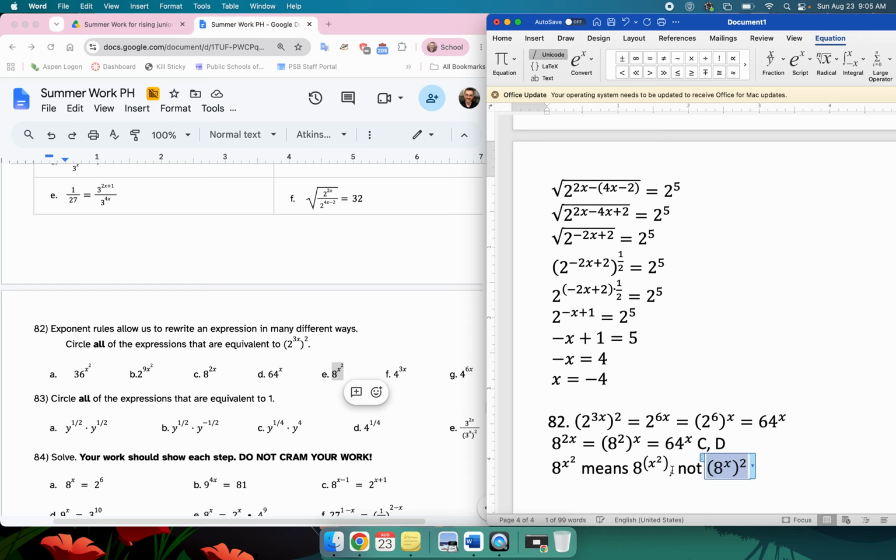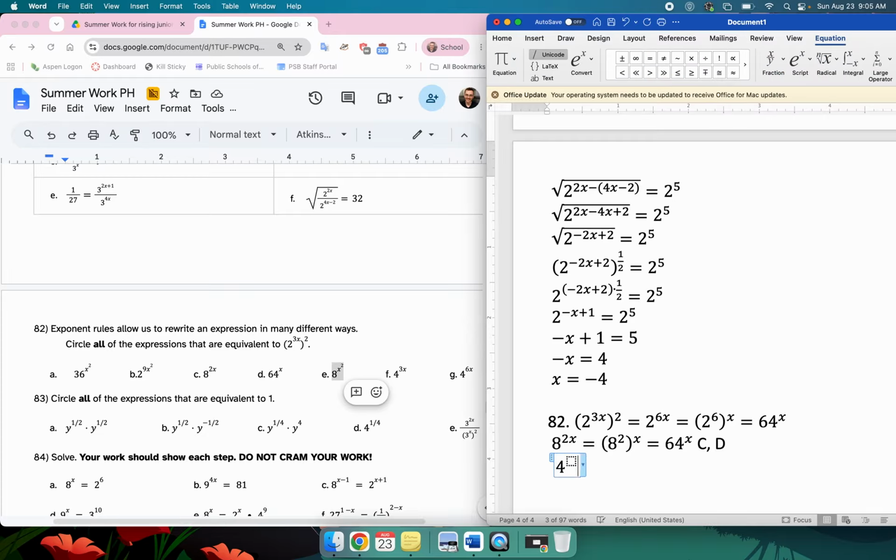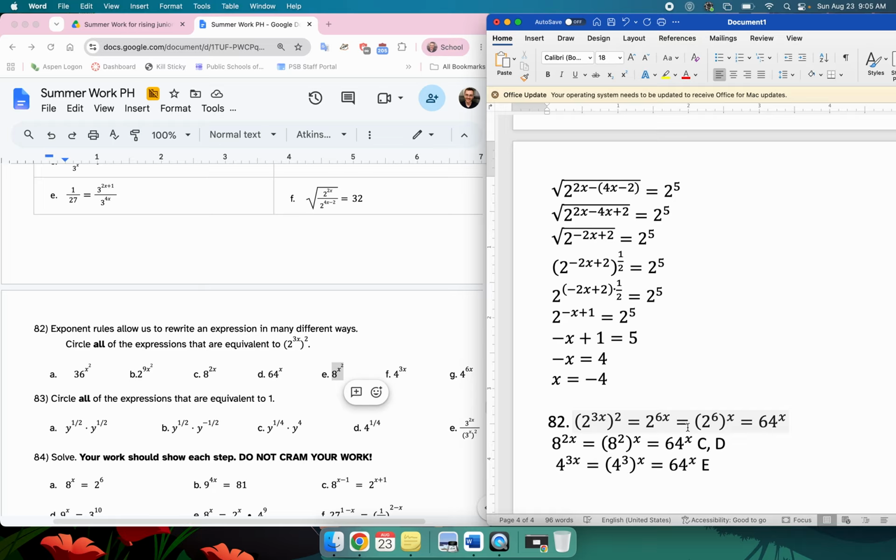If it meant this, you could simplify that, and it would be equivalent. But it doesn't. Okay, that guy can't be simplified. 4 to the 3x. Yeah, I think that's equivalent because you could think of that as 4 cubed to the x. So that's 64 to the x. So yep. Or sorry, that's not E. That's F. So F is equivalent.